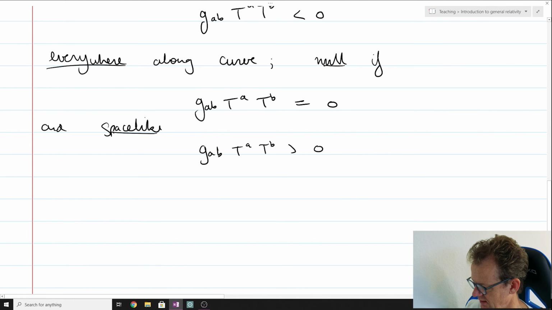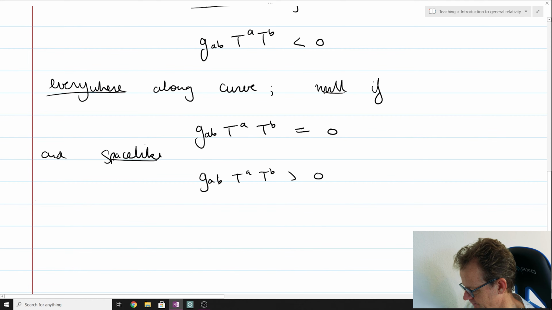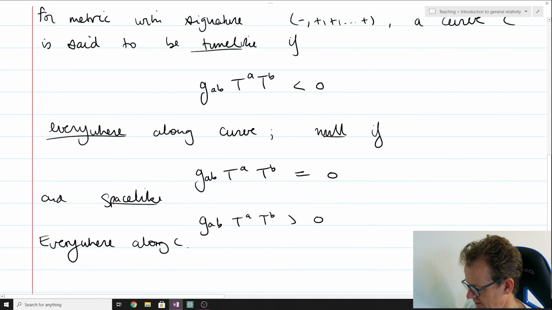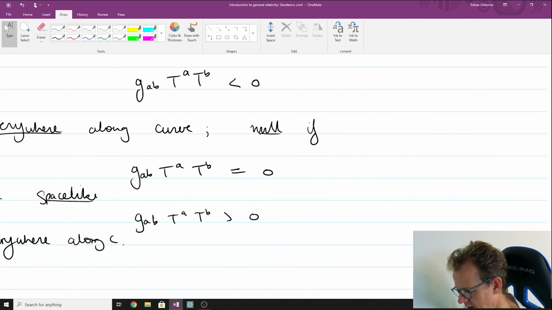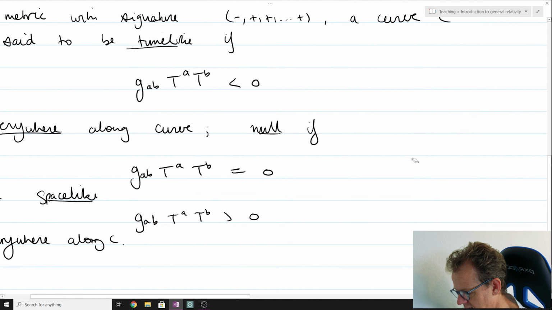So we have these three kinds of special curves, right? Not every curve is timelike, not every curve is spacelike, not every curve is null. It's possible to write down curves in manifolds which are sometimes null, sometimes timelike, sometimes spacelike. They're not physical, and as we'll see, they can't be geodesics, but we can certainly write them down.